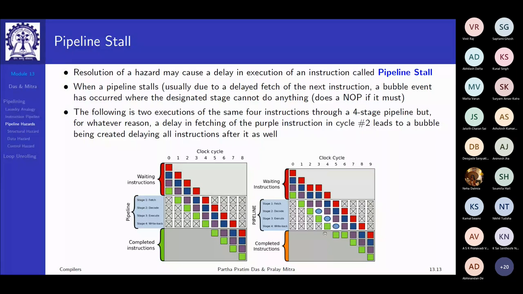So you can see that the entire pipeline is now getting delayed. So when this happens, we say that the pipeline has stalled. If for any reason an instruction is not able to complete a particular stage within its given time, then you have a stall in that pipe, and that has a propagating effect across the entire pipe following this.